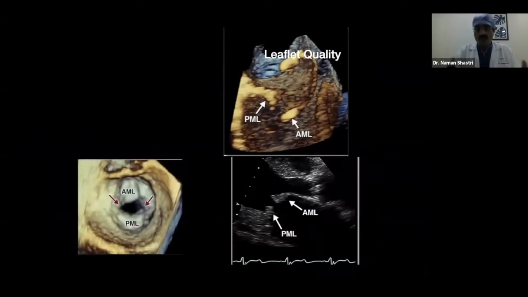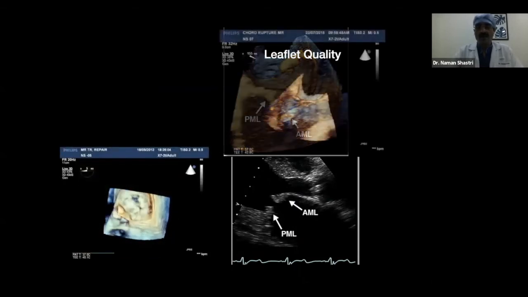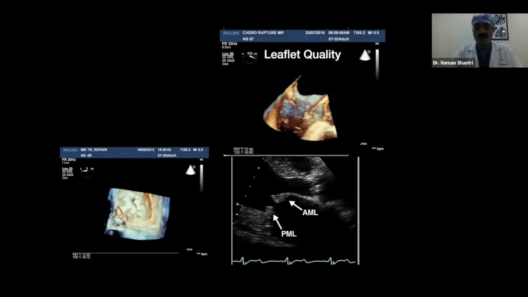If from the orifice area you go to the commissural area, there are very good articles coming up that apart from the orifice area, it is very important to look for the leaflet and look for the length of the cord.